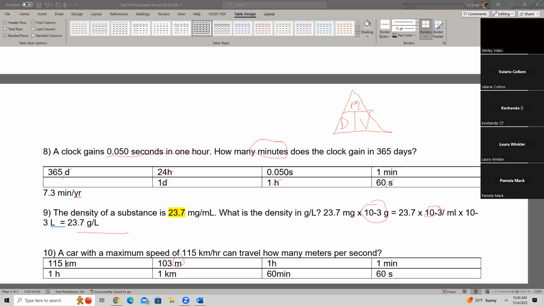As you can see, kilometers cancel, and you get meters on top. This one cancels hours. Minutes cancel minutes, and you get seconds on the bottom, which is what you want because it's meters per second, right? So just multiply, divide, and limit your answer to 3 sig figs, and you got your answer.